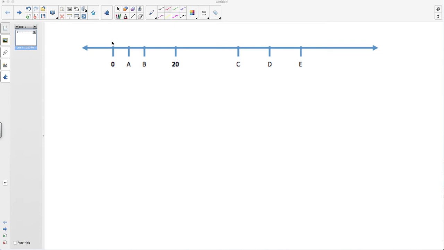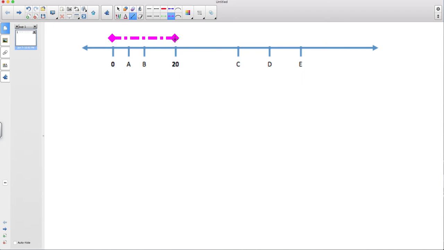So how you would do that is you would take a look at the 2 numbers, and I'm going to use the tools in the Smart Notebook to help us out. So I'm going to make a line, and that line I'm going to put on my scale from here to here.